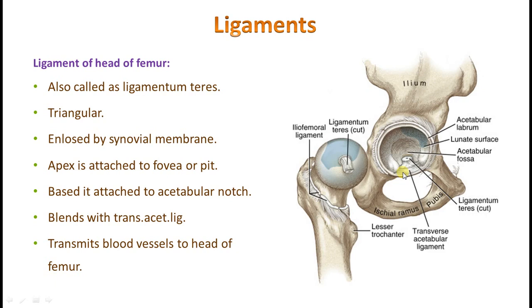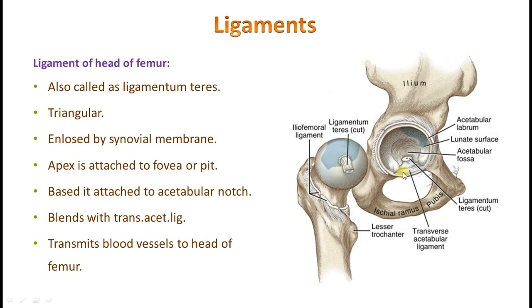Now as such, this ligament of head of femur does not render any support to the hip joint. If at all, it is transmitting the blood vessels to the head of femur, especially in children and infants. Because the fusion is not taking place, the epiphyseal cartilage is still present, it has not fused.